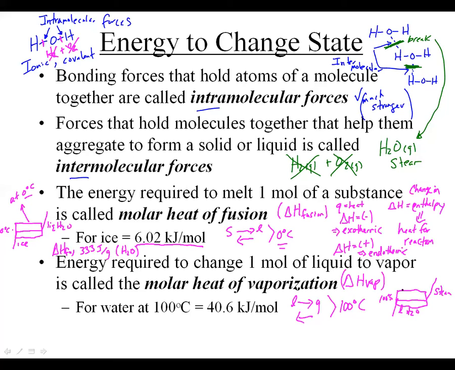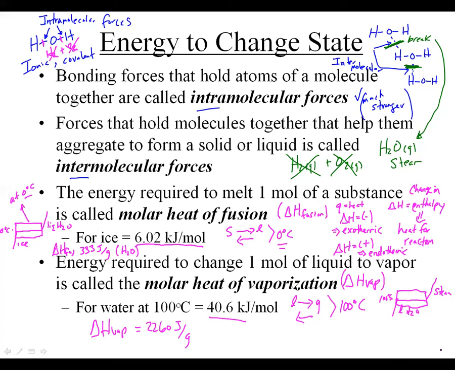And that's about 40.6 kilojoules per mole, again, specific for water, roughly that translates to, give or take, 2260 joules per gram, if you roughly do the conversion factor there. And again, that's the energy required to go from one phase to the next.